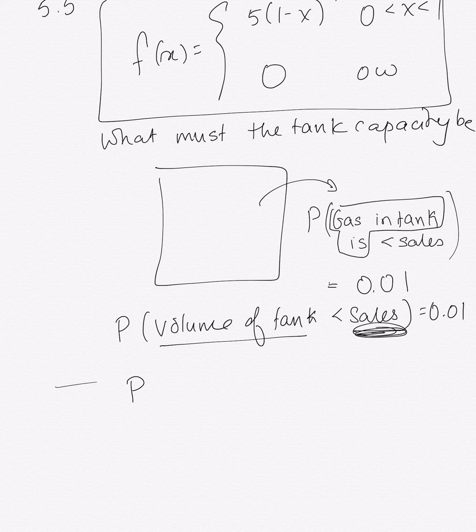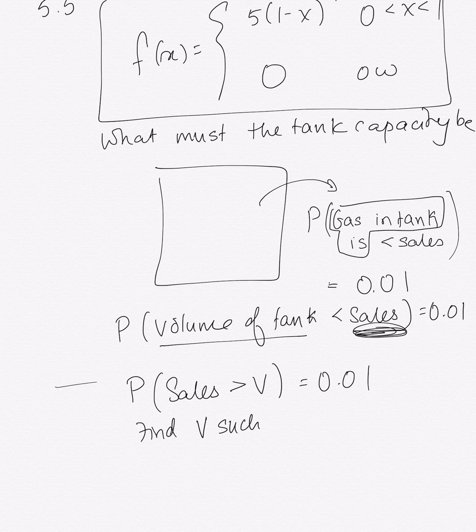Okay, so we need to find a number. I'm just going to rewrite it in the other order. The probability of sales, let's just call the volume V, the probability of sales bigger than V is equal to 0.01. We want to find V such that this is satisfied.